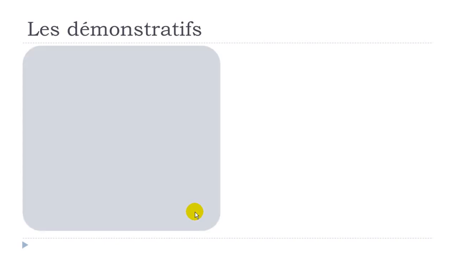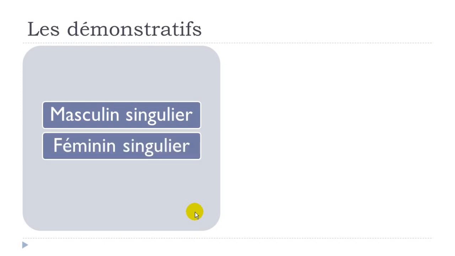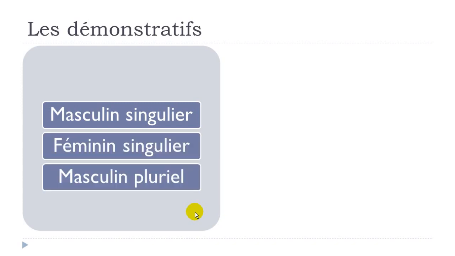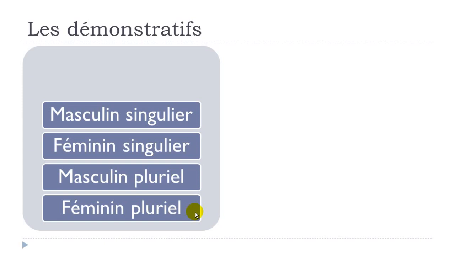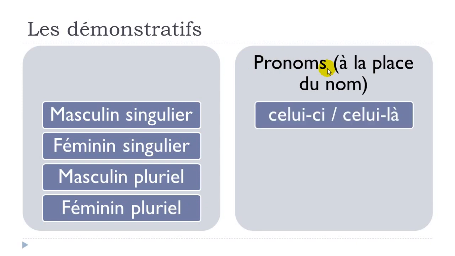So we'll see now the pronouns. Same thing, we'll see the masculin singulier, then féminin singulier, then masculin pluriel, and then féminin pluriel. Okay, so pronouns. It means that you will have to use these pronouns instead of the noun. So for the masculine form, we will have celui-ci and then celui-là. We'll see the difference of use, but celui-ci, celui-là.